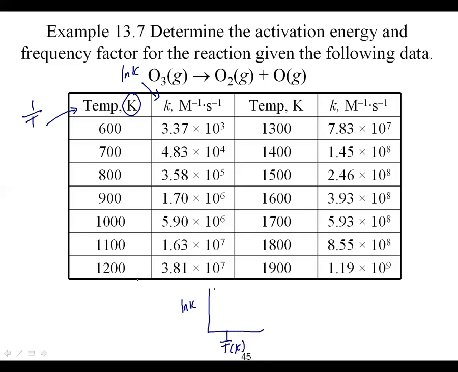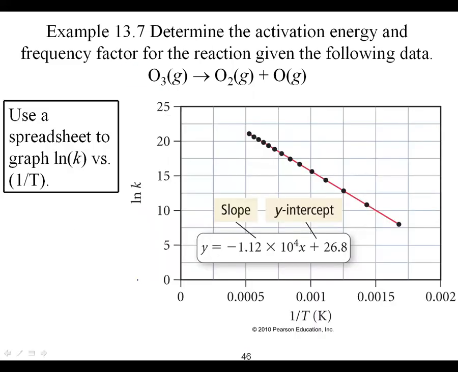And if you did that, I believe we have the graph here for us, which is really nice. From this graph, again, we could use the equation for a straight line, which you could get from Excel. And if we want to know the activation energy, the slope equals minus Ea over R. So Ea would equal the slope times R, and also our negative there.